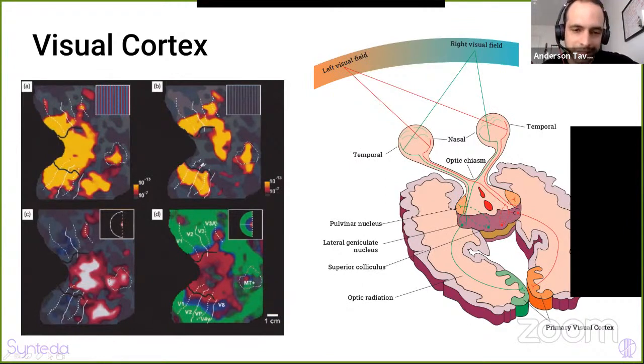So it means that the center is kind of responsible for the color information, and that outer area is responsible for the brightness. The bottom left shows the difference in the center, in the fovea, and the bottom right shows what happens with the periphery if we illuminate it. So there is a correspondence between the eyes, the photoreceptors in the retina, and the cells in the visual cortex here.